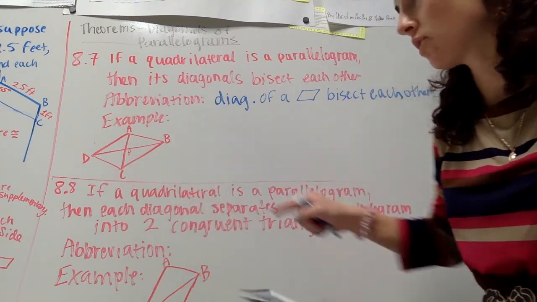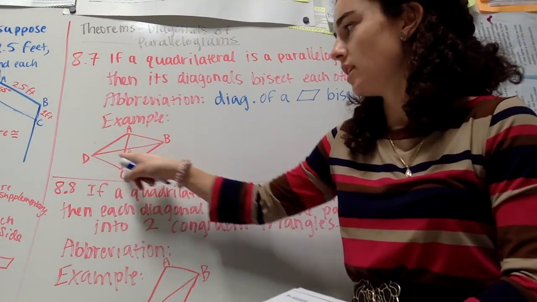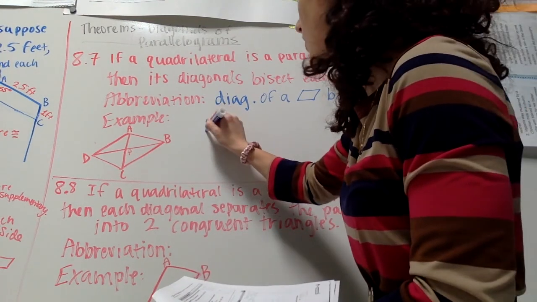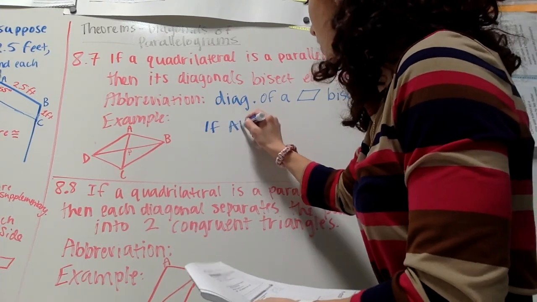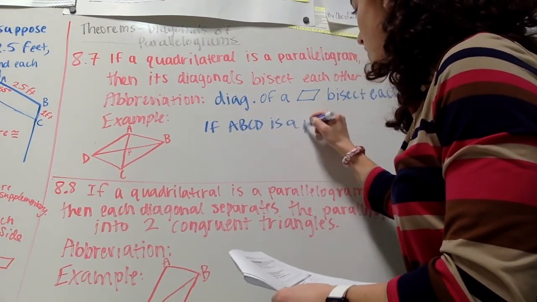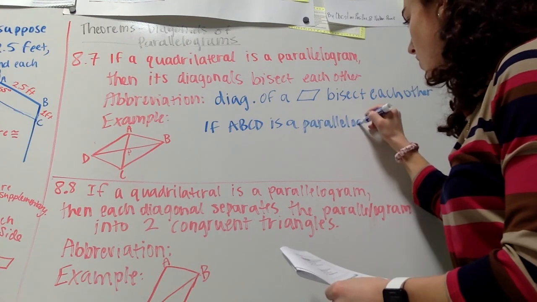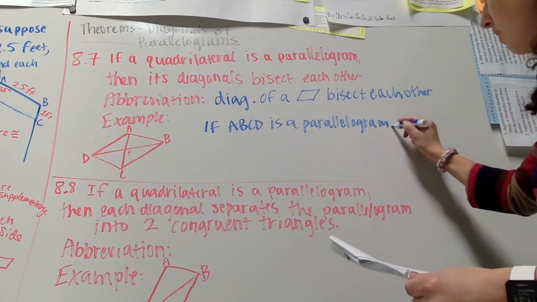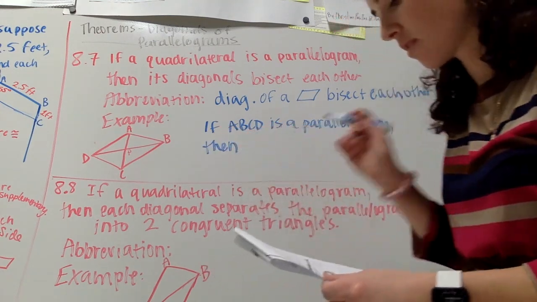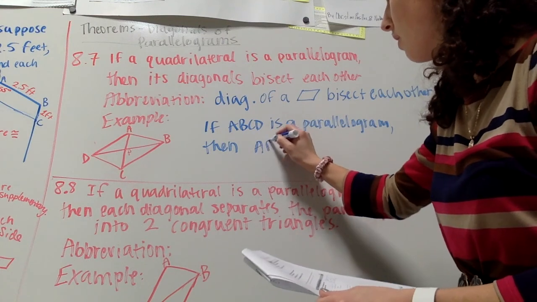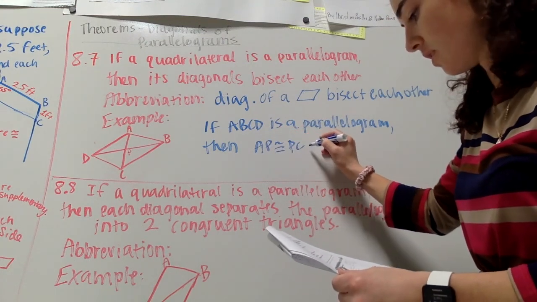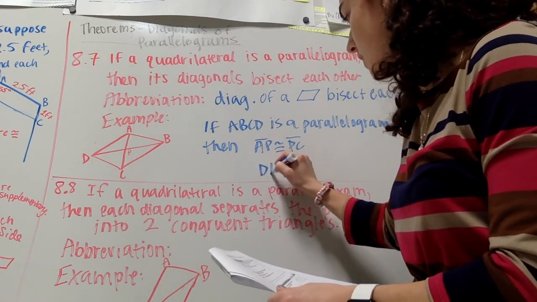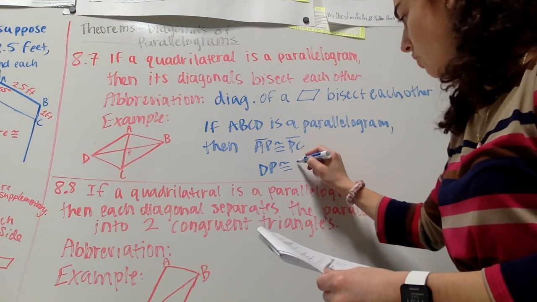So here's our drawing here. Here's our example, A, B, C, D, and that's P in the middle there. Okay, so our example is if A, B, C, D is a parallelogram, then AP is congruent to PC and DP is congruent to PB.